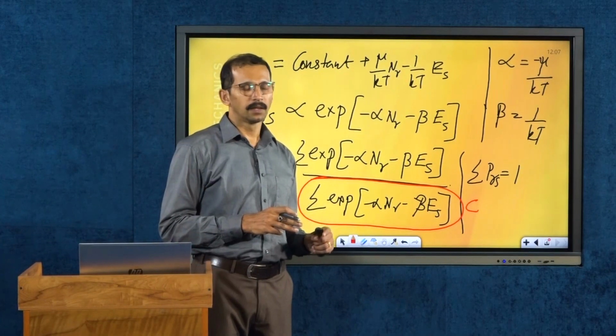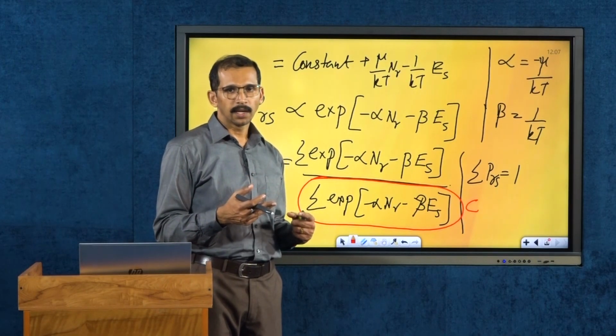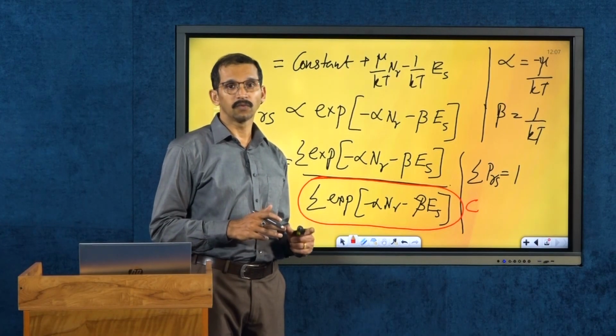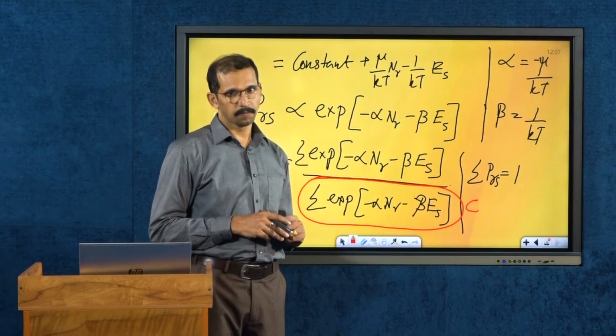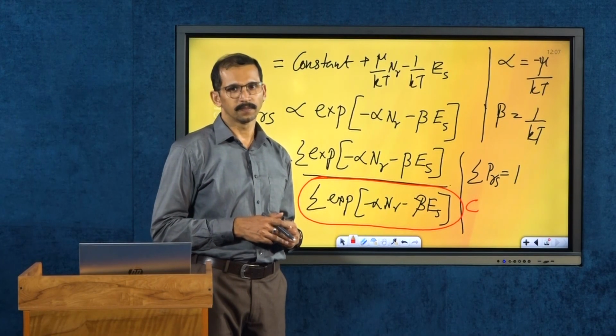With this knowledge we will be able to discuss more about grand canonical ensembles, especially we need to find out its partition function, which we will be doing in the next episode. Thank you.